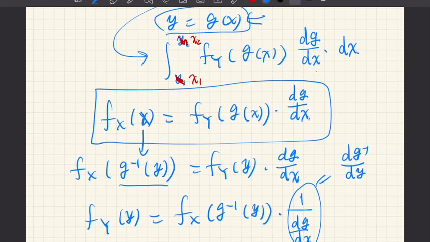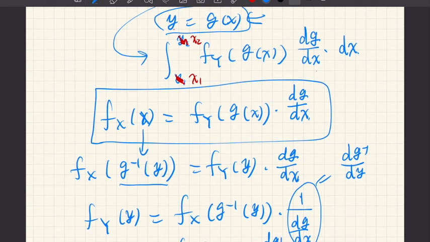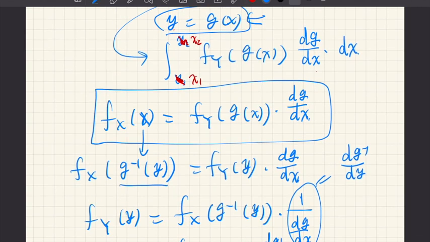I don't know the name of the theorem for this, but remember from calculus? So inverse and y. Okay, so after all, we have this formula.